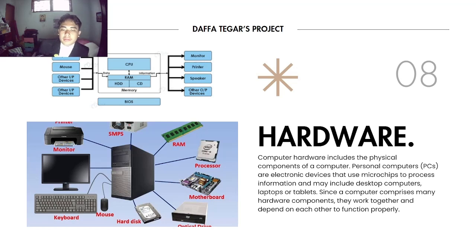Now we talk about hardware, the second matter of my presentation today. Computer hardware includes the physical components of a computer. So basically, it's like the components inside the computer I presented before, but it's more like the physical components outside the computer also.